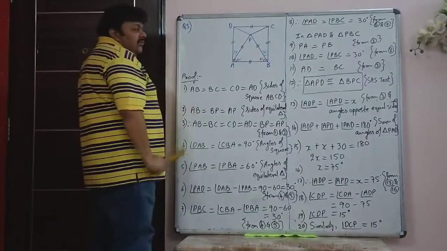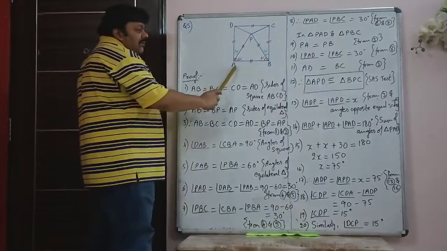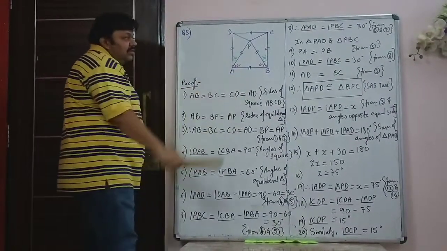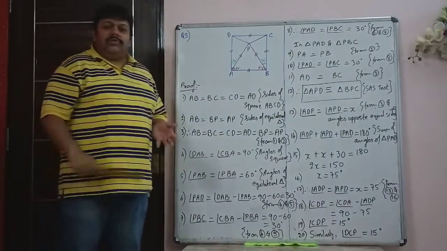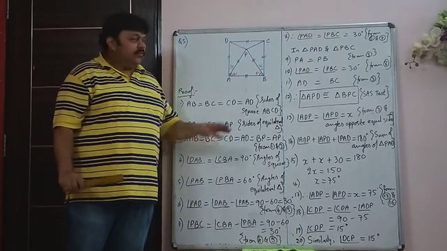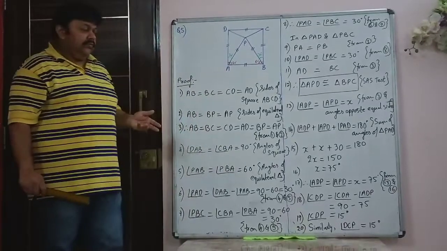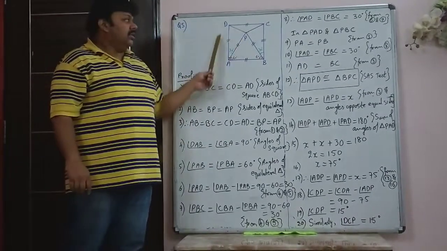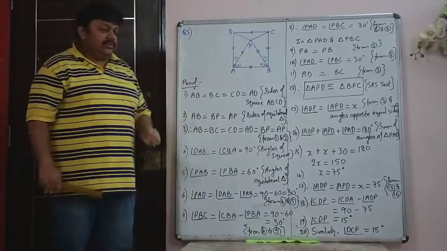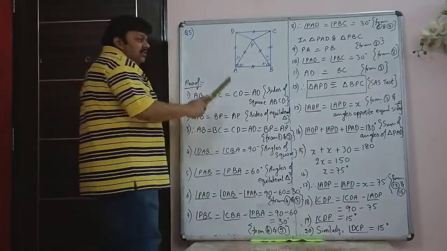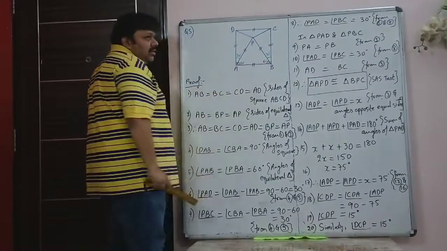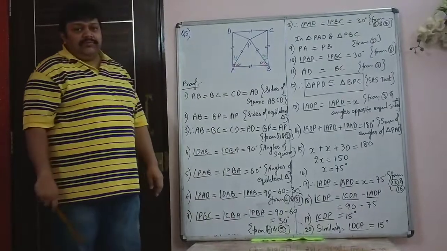So now in question 5, they have given that ABCD is a square. So in a square all four sides are equal and all the four angles are equal. That has been given in the question. They also mentioned that ABP is an equilateral triangle.